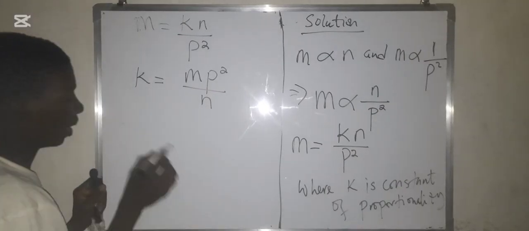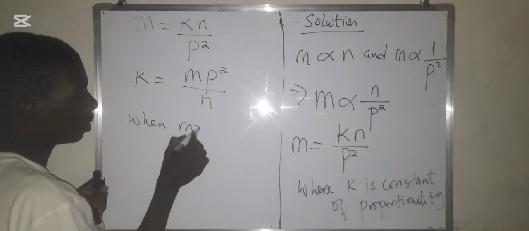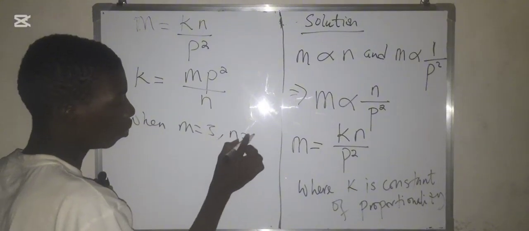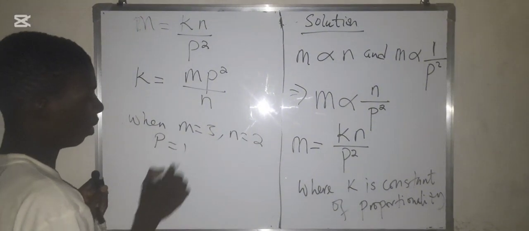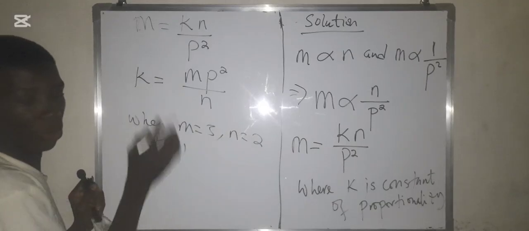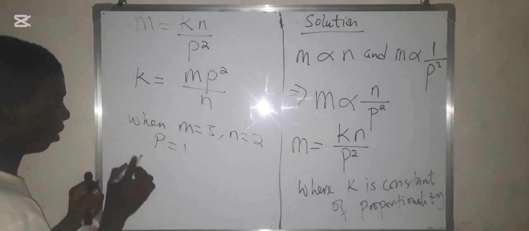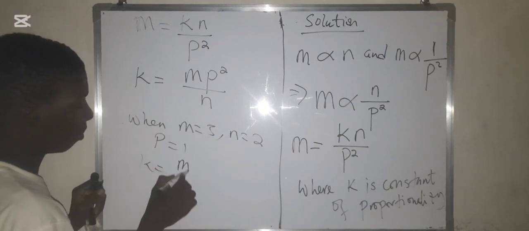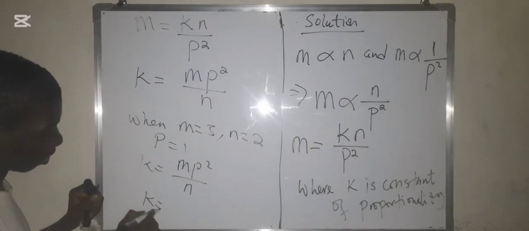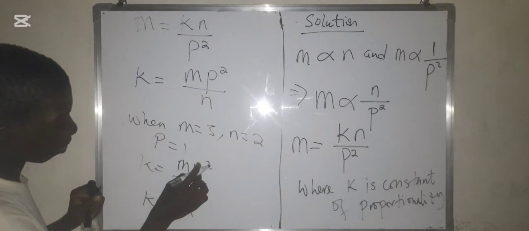Now remember, they said when M is 3, N is 2, and P is 1. So we are going to use these values to find the value of the constant. We substitute into K equals M P square over N. So K is equal to, what is our M? M is 3, times, what is our P?